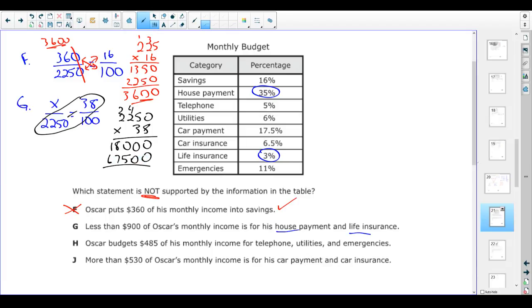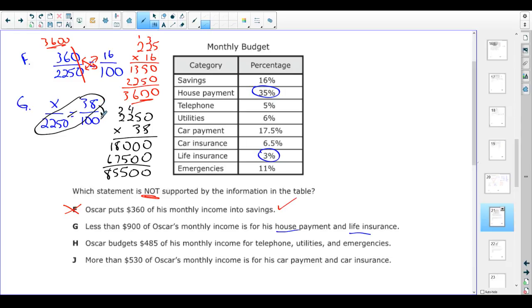Let me double check my math. I don't want to do all this work only to realize I was rushing and multiplied wrong. Okay. 0, 0, 5. Alright, so 85,500.